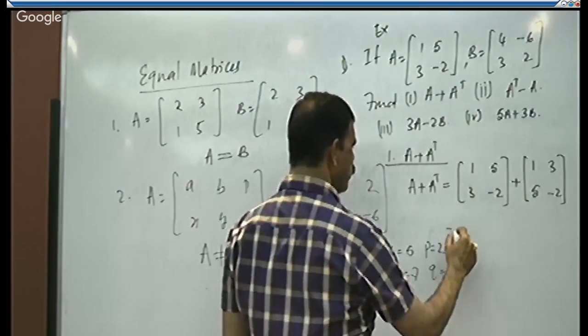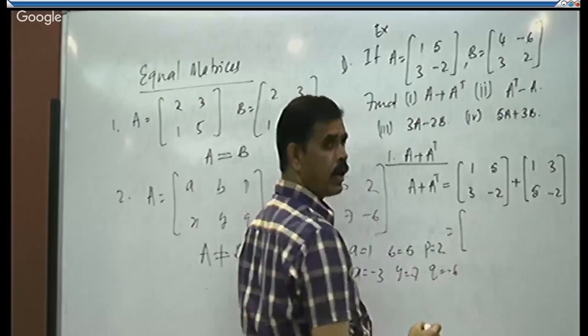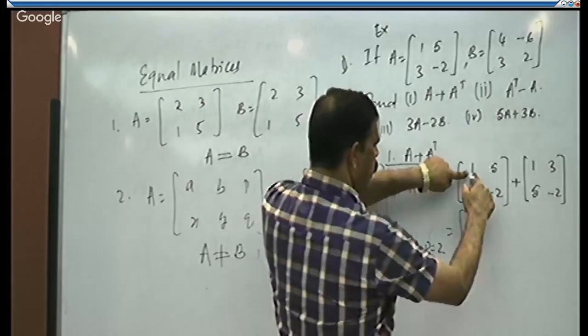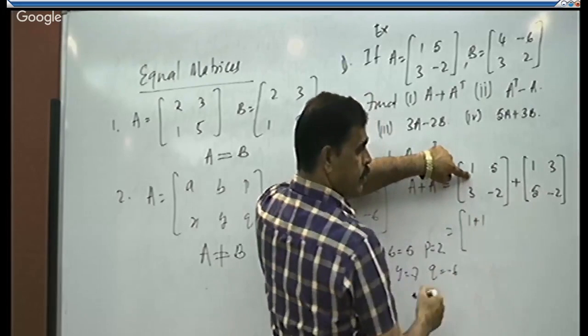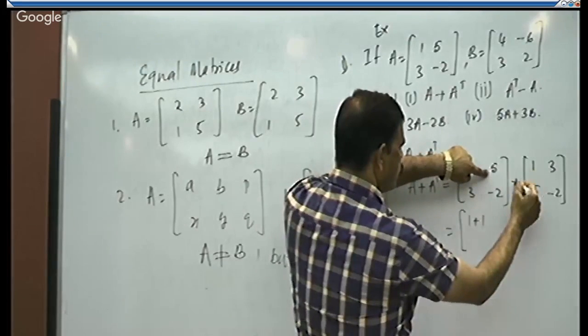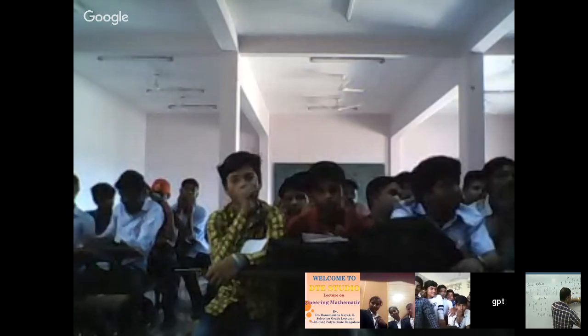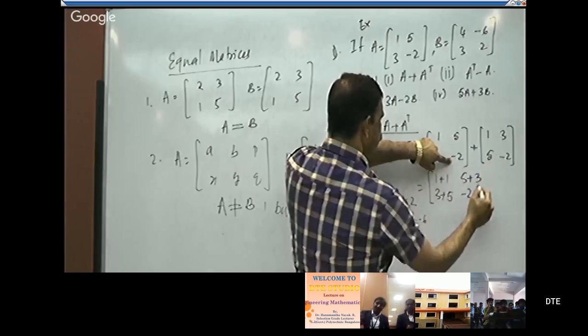Then what do we need to do? We need to add the matrices, corresponding elements. 1 plus 1, 5 plus 3, 5 plus 3, 3 plus 5, minus 2 plus minus 2.